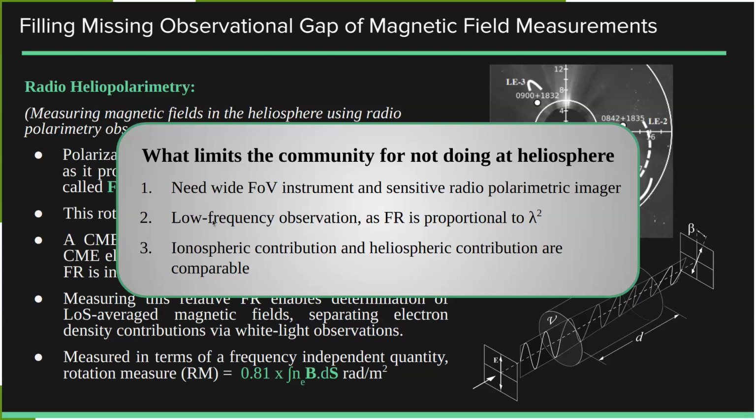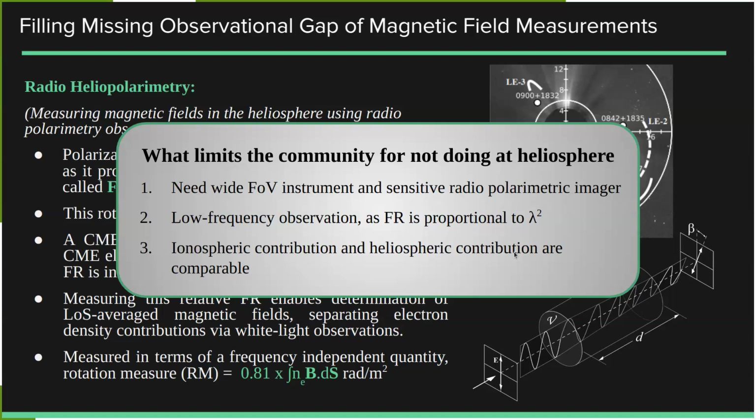So what do we need? We also need low frequency observations, because the Faraday rotation is proportional to the wavelength squared, and at low frequency we can probe very small changes due to the CME, caused by small changes in the magnetic field and the electron density. Another big challenge is that the ionospheric contribution to Faraday rotation and the heliospheric contribution are comparable.